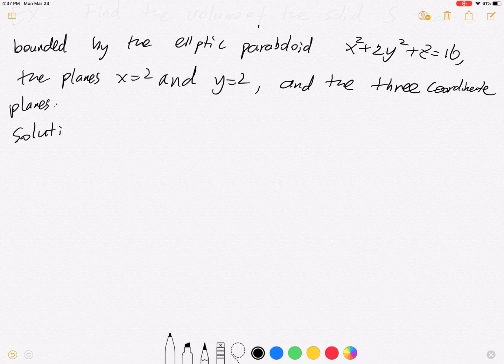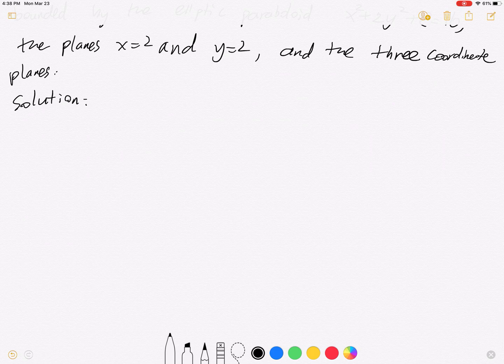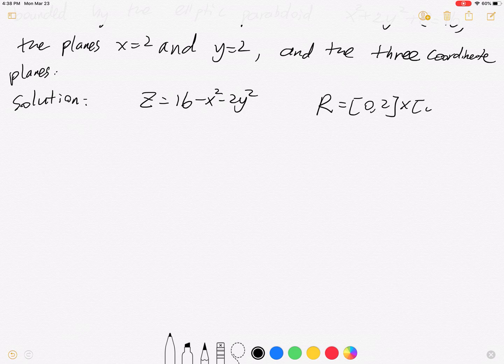So solution. Here we need to interpret this geometrical problem as an integral, and then try to solve the integral by iterated integrals. First, let's view this as the graph of the function f equals 16 minus x squared minus 2y squared, and the domain is [0, 2] cross [0, 2].